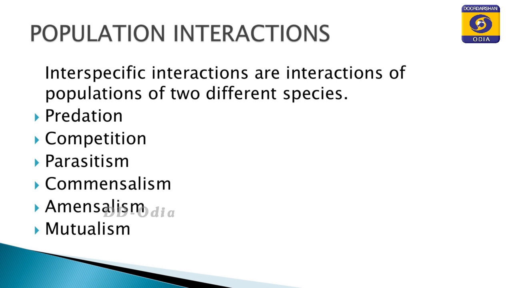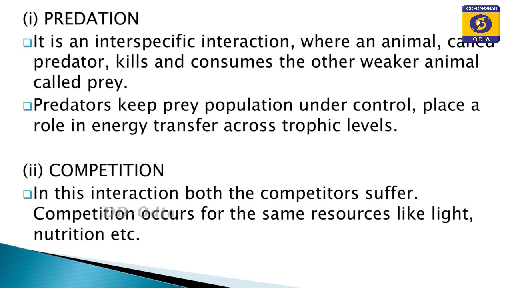Population interactions are the interspecific interactions, that are interactions of populations of two different species. When we have different species and there is interaction among them, that can be subdivided into predation, competition, parasitism, commensalism, amensalism and mutualism, and we shall discuss them one by one.